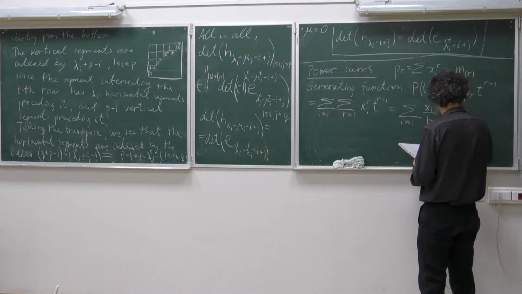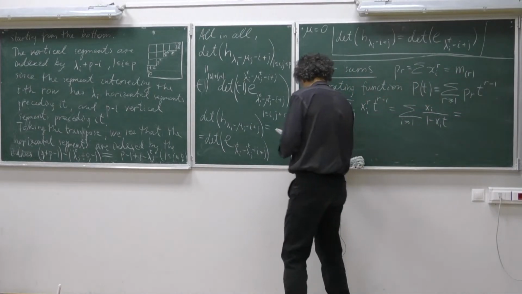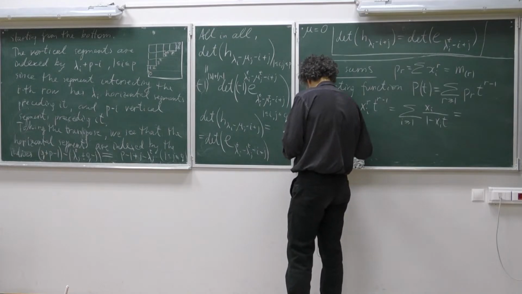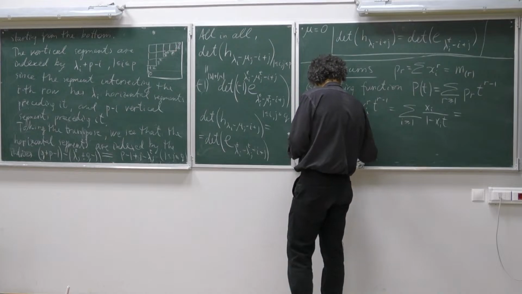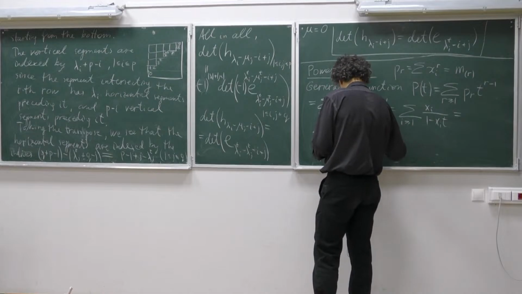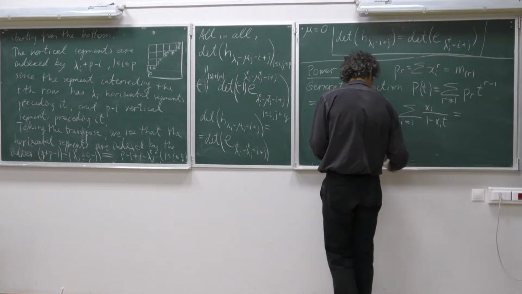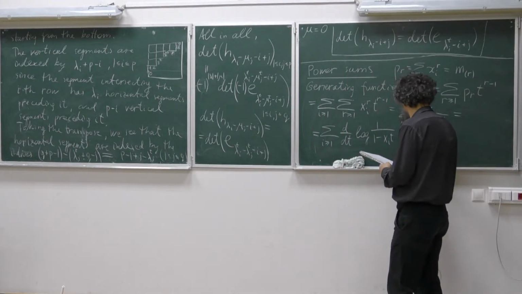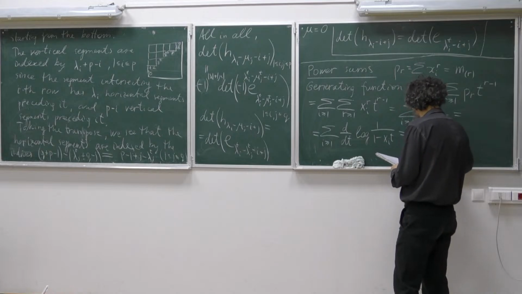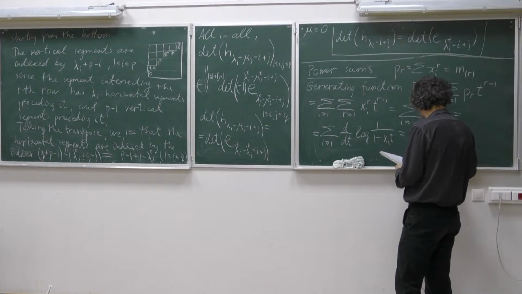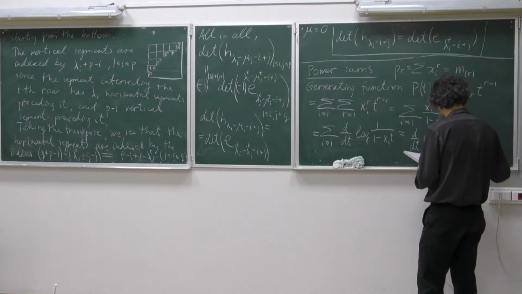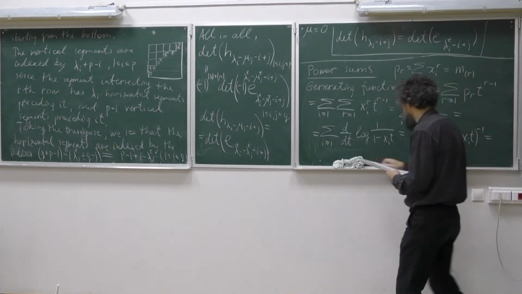And this can be interpreted as a logarithmic derivative of 1 over 1 minus x_i t. So then this is the logarithmic derivative of the product of (1 − x_i t) inverse.